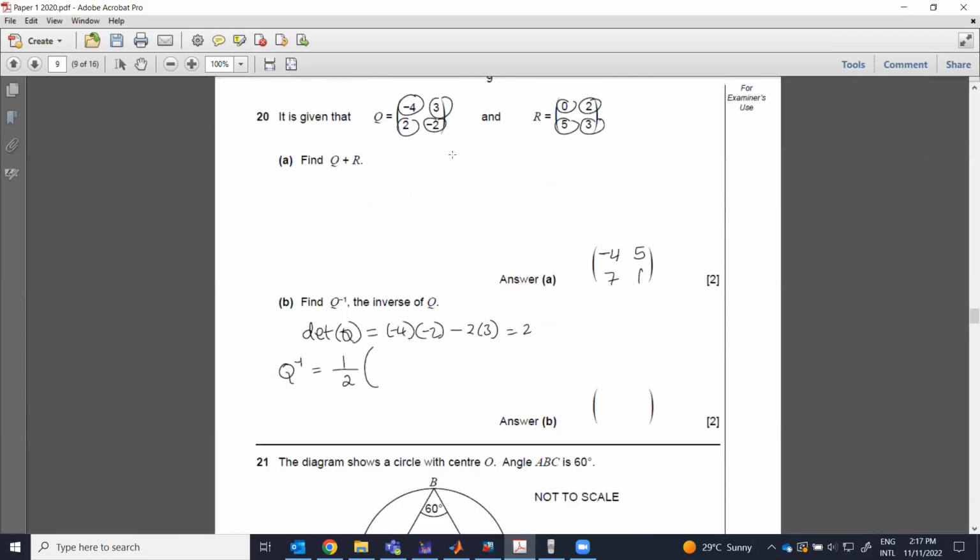So what you do is these elements on the leading diagonal, you interchange them. So you have -2 and -4. So notice they've swapped places. And then these ones here on the minor diagonal, you multiply them by -1. So 3 times -1 is -3. And then 2 times -1 is -2.